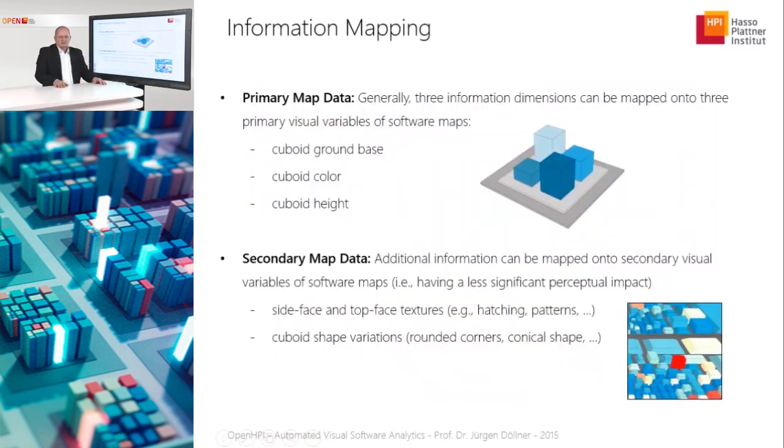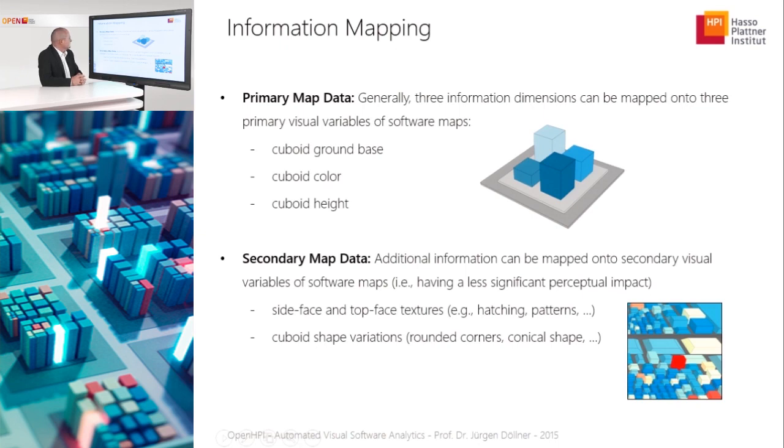The software map distinguishes between two categories of map data: primary map data and secondary map data. Primary map data includes 3 information dimensions on which it can be mapped. That means we have 3 information dimensions that can be used as primary visual variables of software maps.